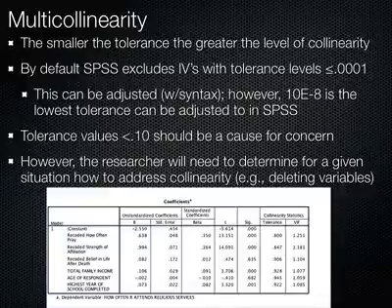So the smaller the tolerance, the greater the level of collinearity, right? Because we're doing 1 minus R squared. By default, SPSS excludes independent variables with tolerance levels less than 0.0001. If that happens, will it tell you? It sends a warning message. It still runs the analysis. Some warning messages sort of shock you, because it's just some bolded print underneath one of the tables.